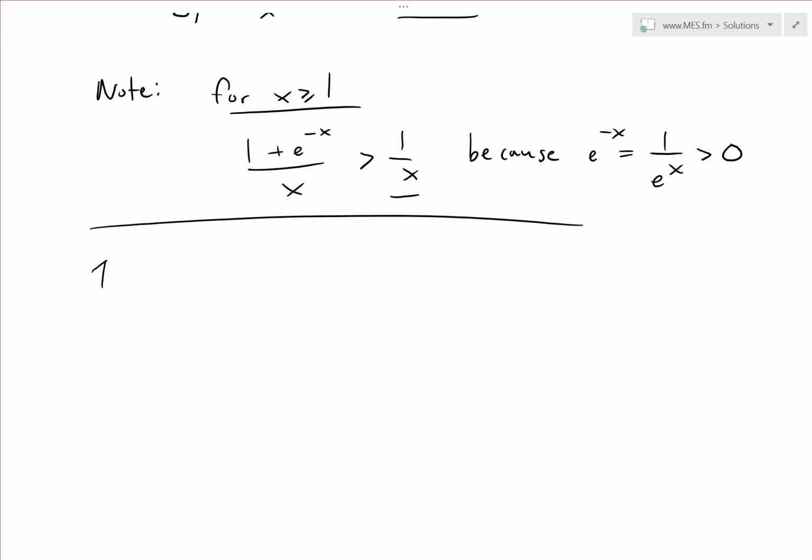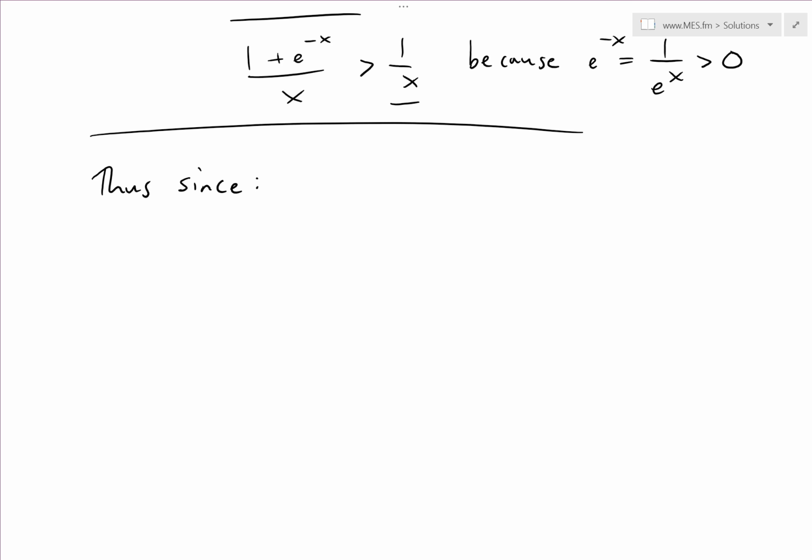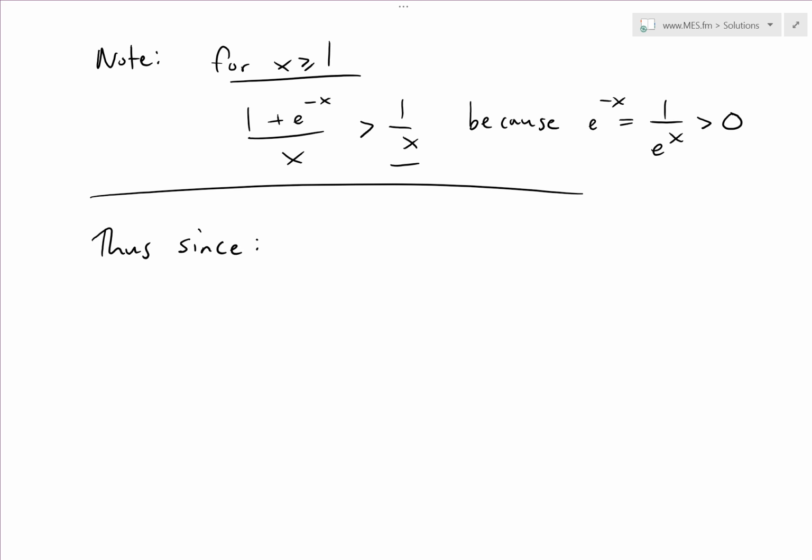So by the comparison theorem, if it's always bigger, then it also diverges, and I'll write that down. Thus, by the comparison theorem, and you can see more on the comparison theorem in my earlier video.